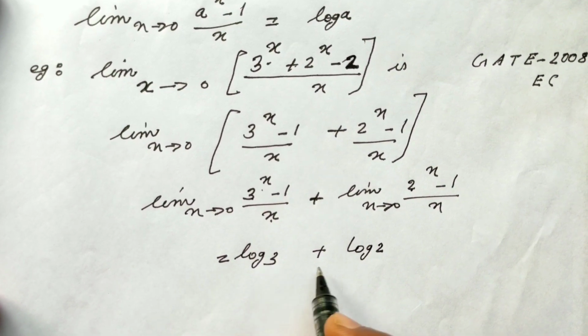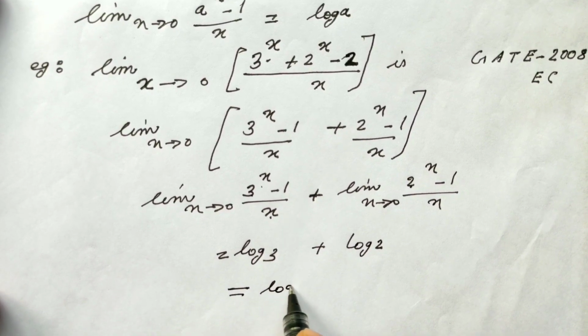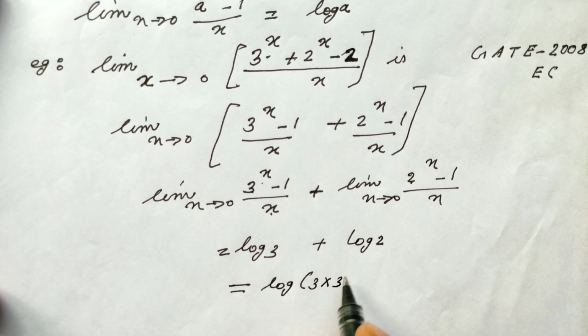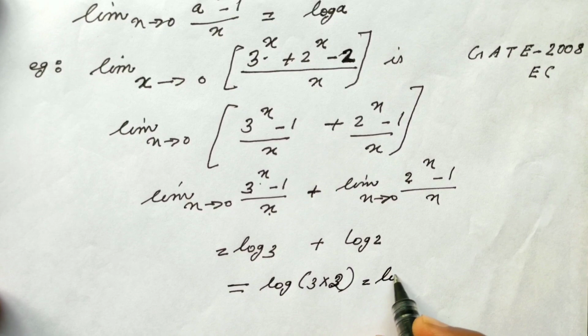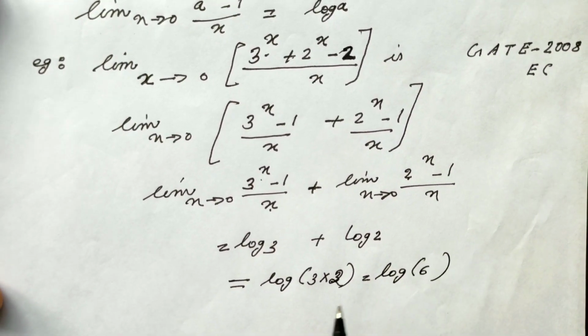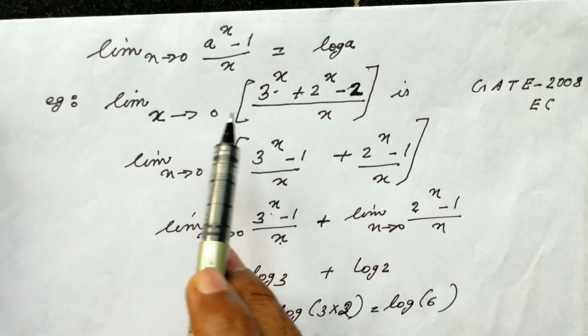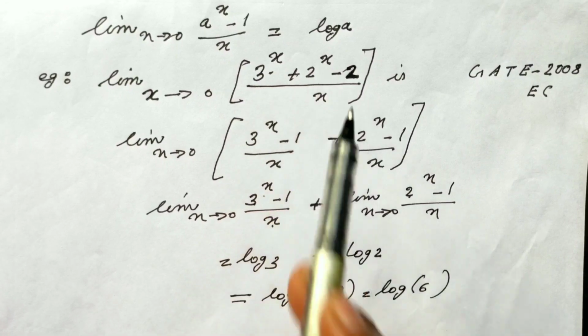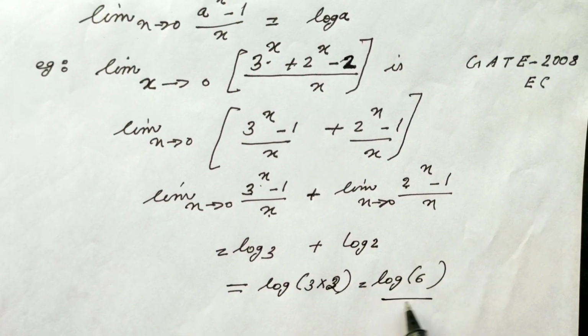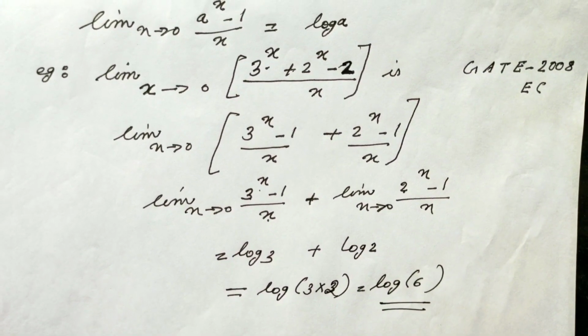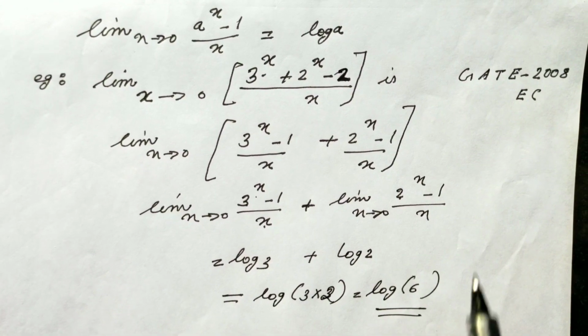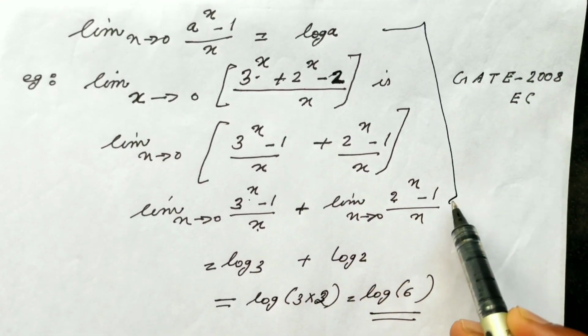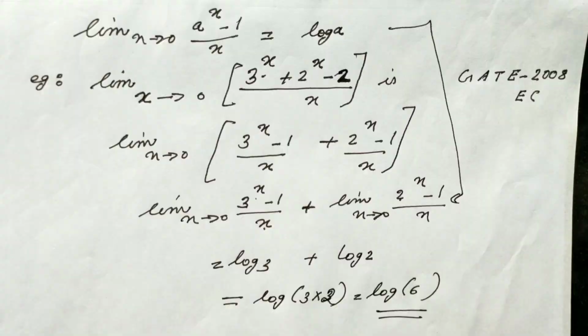We know log a plus log b is log ab, therefore log 3 into 2, that is log 6. So the final answer for the question limit x tends to 0, 3 raised to x plus 2 raised to x minus 2 divided by x is log 6. And it is an easy question. When we are following the standard method, we can easily get the answer.